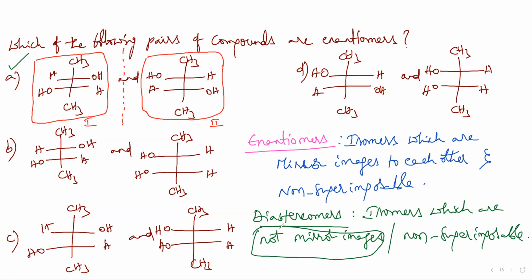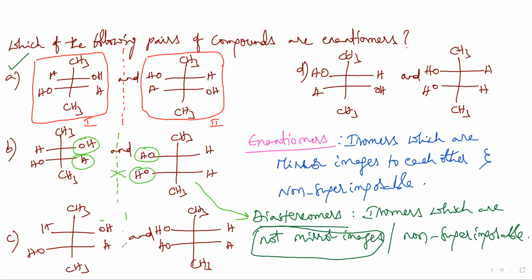Yes, sir, 3, sir. Remaining 3 are diastereomers. Here this is H, this is OH. So not mirror image, right? Yes, sir. That we can consider as diastereomer.